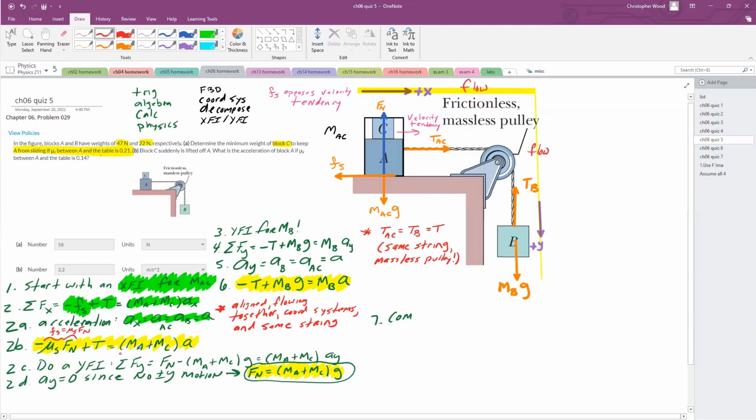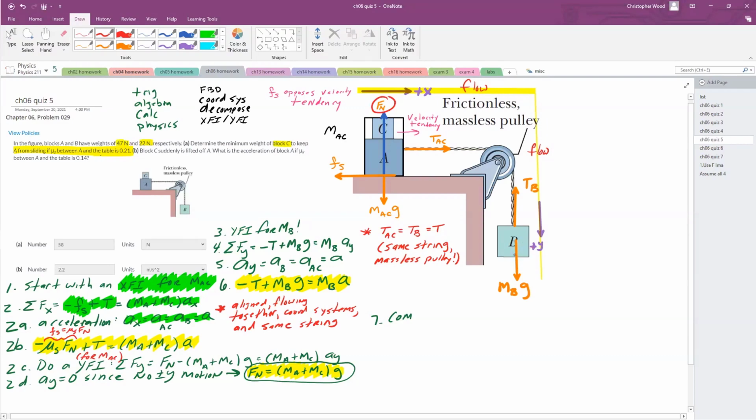All right, so I think step 2B looks good. And then Ty, for 2C, I am doing a Y force inventory still for MAC, not for mass of B. So for MAC, I've got the normal force going up, and I've got the weight going down. But on the diagram, you have plus y going down.